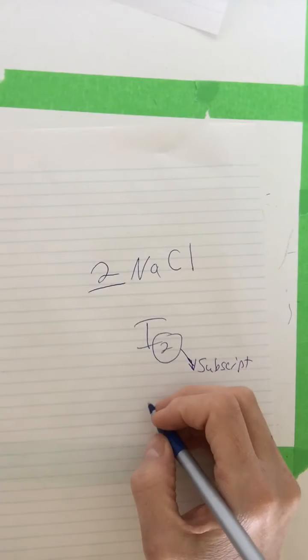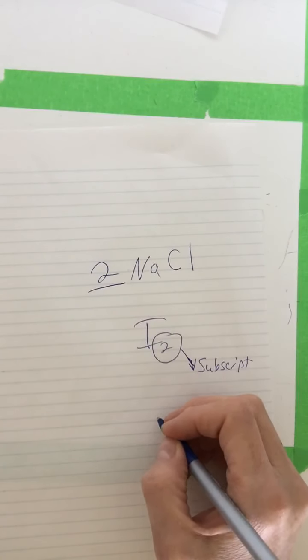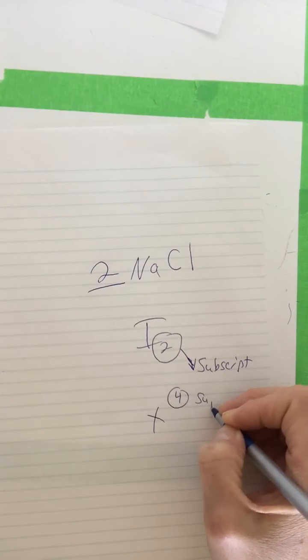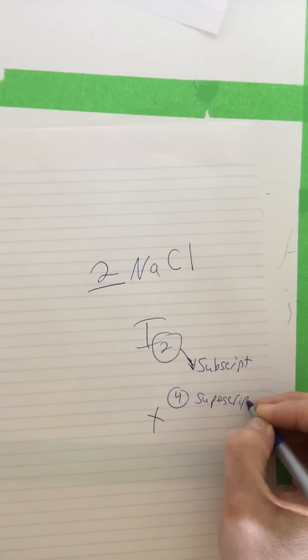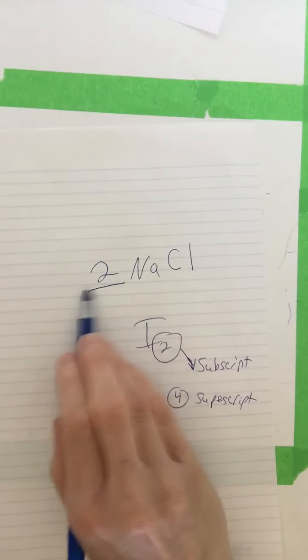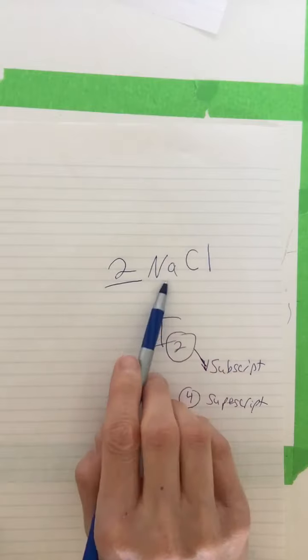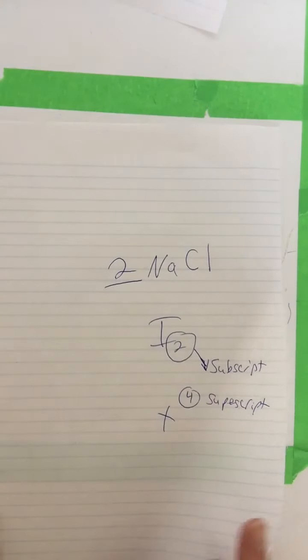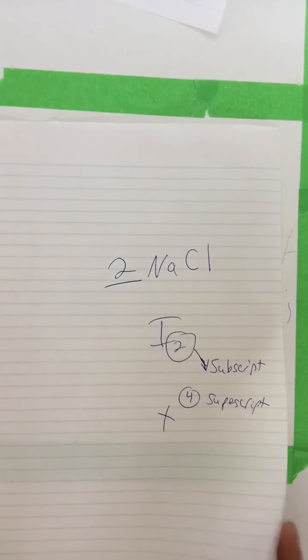When I say x to the 4, that's a superscript. A coefficient is the large number out in front of a molecule to tell you how many of those molecules there are. All right? So we're going to try to balance some equations. The rest of the slide was all just examples.